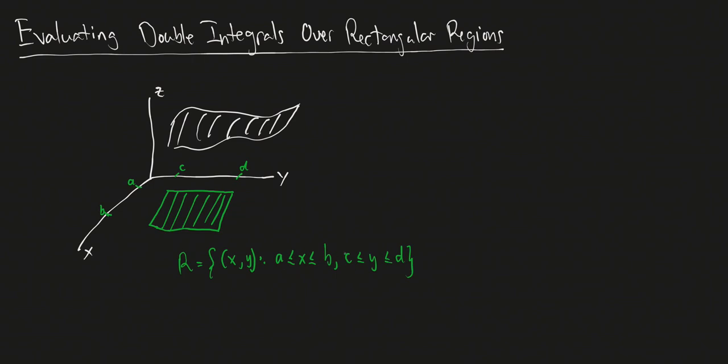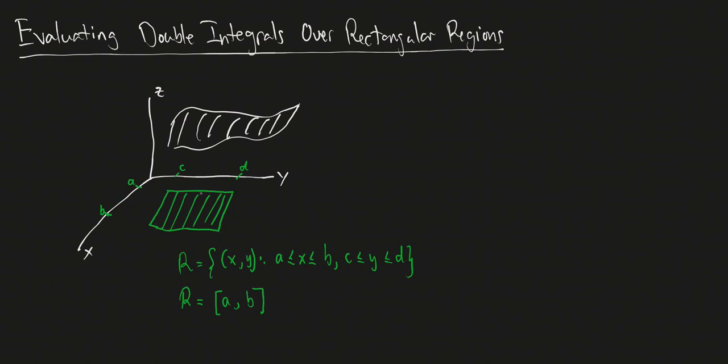Another way that the rectangle could be defined is using a special set operation, which is called a Cartesian product. So this is not your cross product, but it's called a Cartesian product. So an alternative way to denote a rectangle is this. Basically, you pair up every x value between a and b with every y value between c and d. So you take the interval a to b, and notice we're using the square brackets because the endpoints are included.